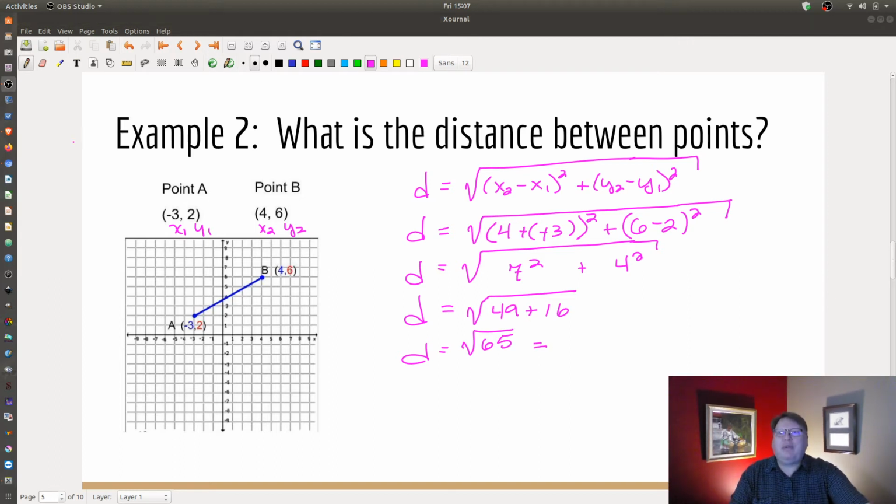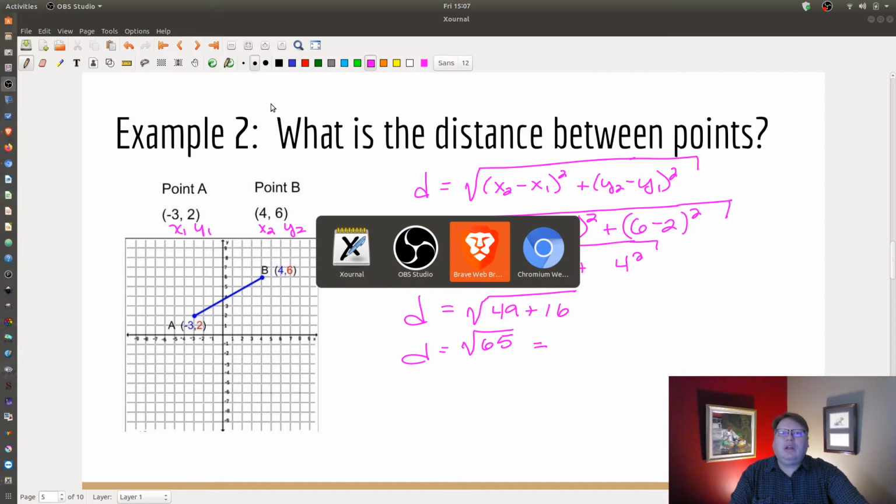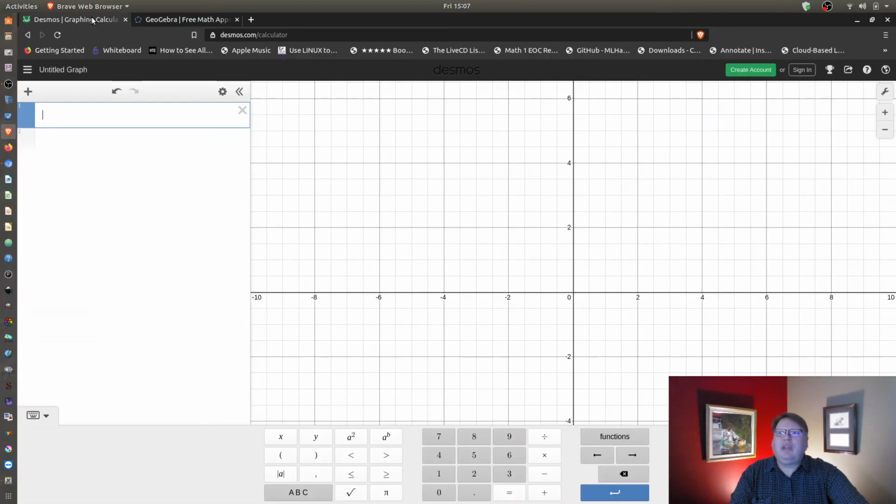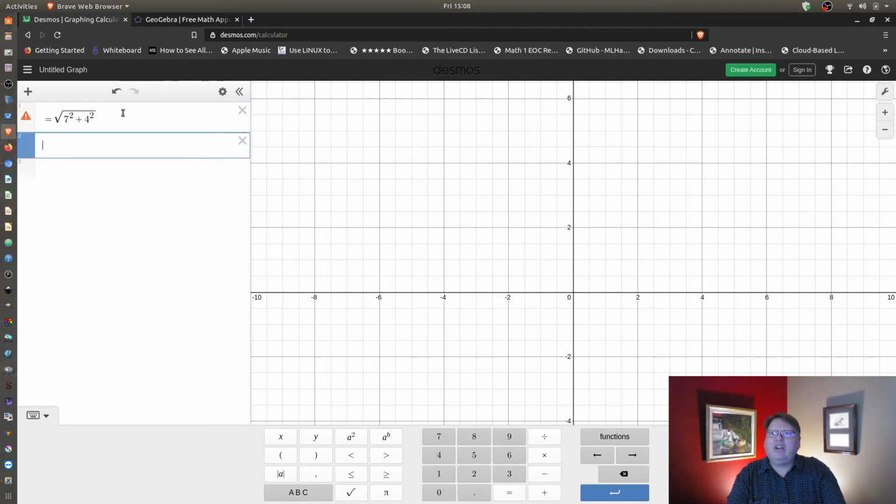But if I were to come over here and go on Desmos, I can type SQRT and it'll give me my square root, so SQRT, 7 squared, hit the right arrow to get out of the exponent, plus 4 squared, and I hit enter.